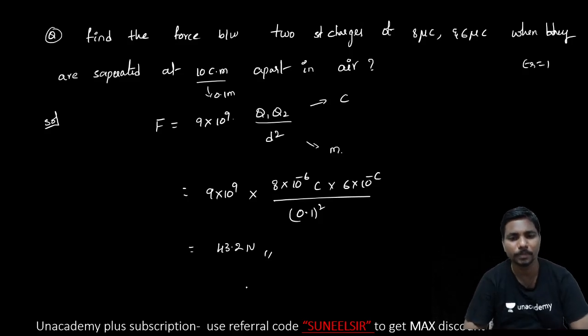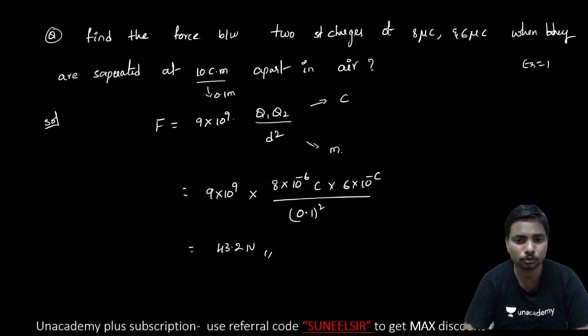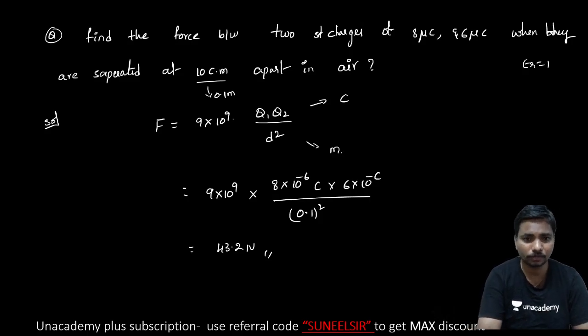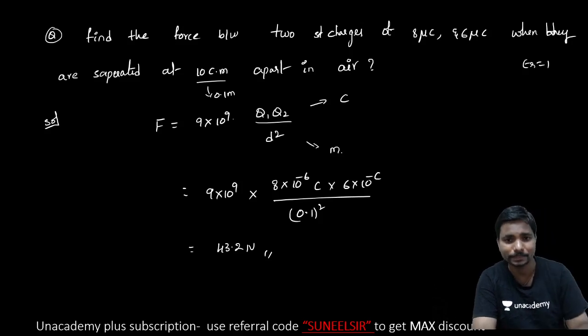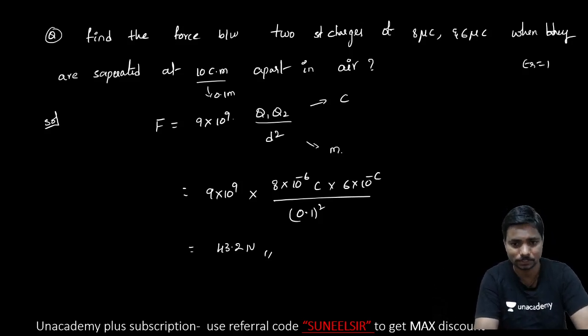We have to be careful while substituting the values, because we have to substitute proper units, then only we will get the correct answer. Like this you can find out the force between two static charges. It will be useful for all your JE examinations, and in the AE exams also we get this type of very simple problems.